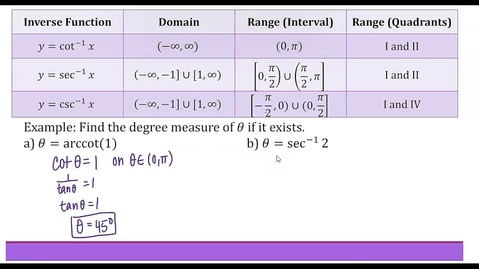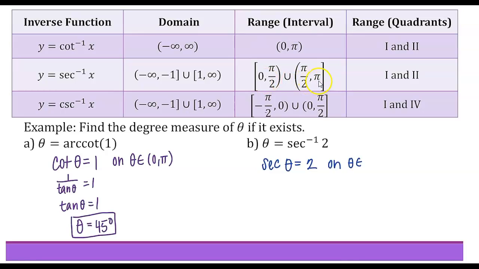On the right-hand side here, I have theta is equal to secant inverse of 2. So an equivalent statement to this would be to say, if inputs and outputs switch on the secant graph, secant theta would have to be equal to 2, but restricted to where theta is on the interval of the range of secant inverse.